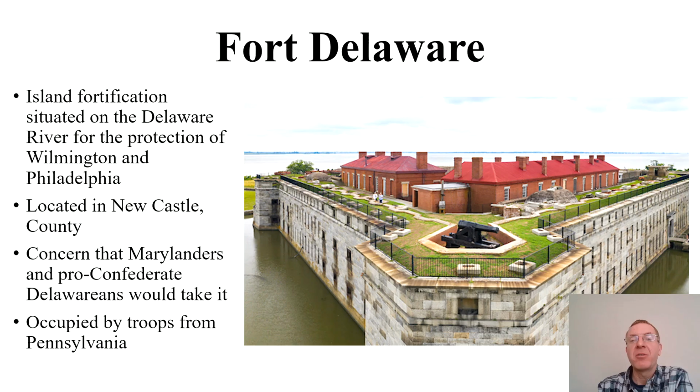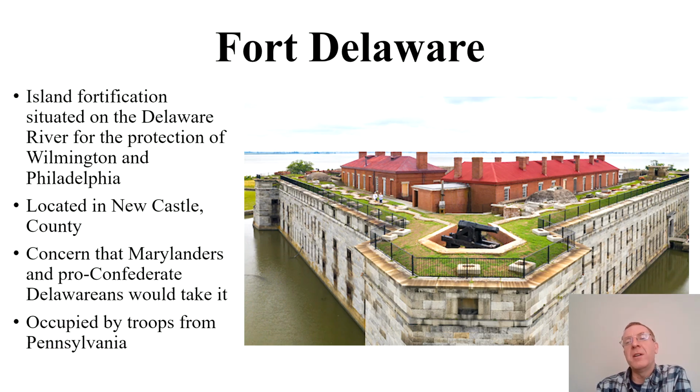Now, keep in mind, the Delaware River goes through Delaware, and it does go through Wilmington, but it goes further and all the way up to Philadelphia, at which point it's still very wide and very deep, and therefore it is the only artery, really, for the port of Philadelphia. And so Fort Delaware is absolutely vital if you want to use Philadelphia as part of this war effort.